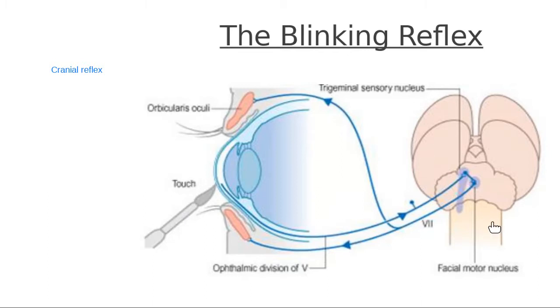But what we do know is that it is not the spinal cord. Here's the medulla oblongata down here. Here's the pons. Here's some of the stuff from inside the brain. You don't have to know what this is. You just have to know this isn't the spinal cord. So this is a cranial reflex because it's not a spinal reflex. We're going into the brain stem to process this thing.